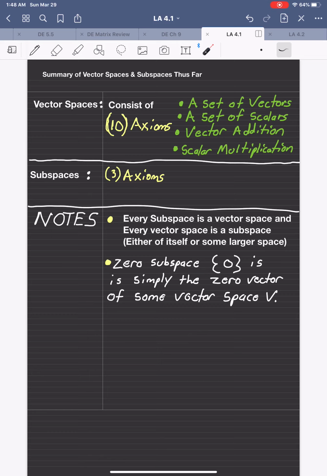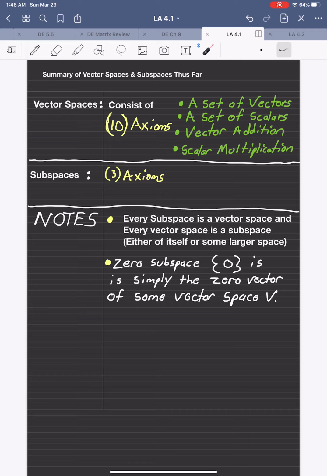So every subspace is a vector space. And also every vector space is a subspace. So that's important to know: every subspace is a vector space and every vector space is a subspace, either of itself or some larger space.